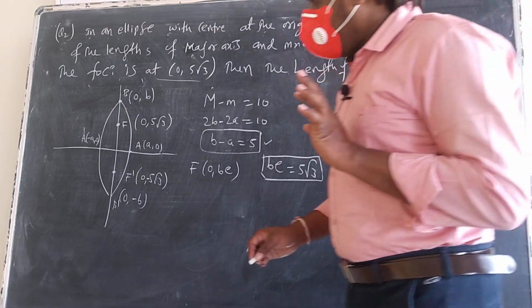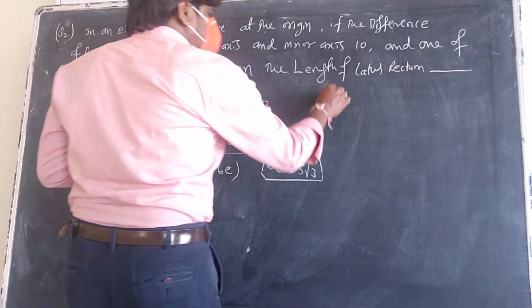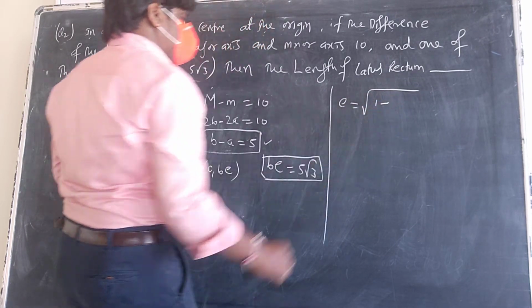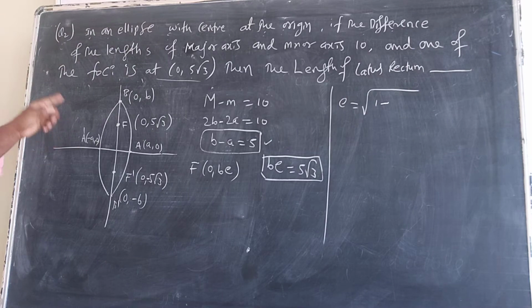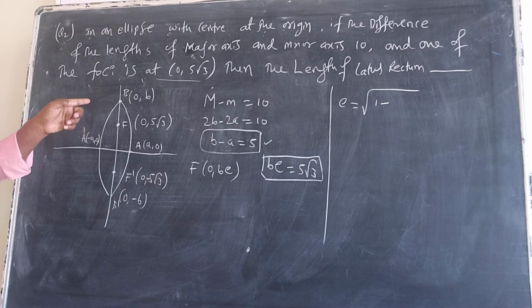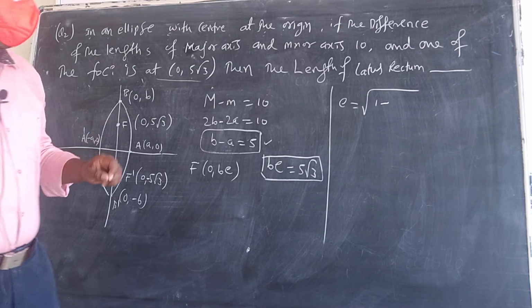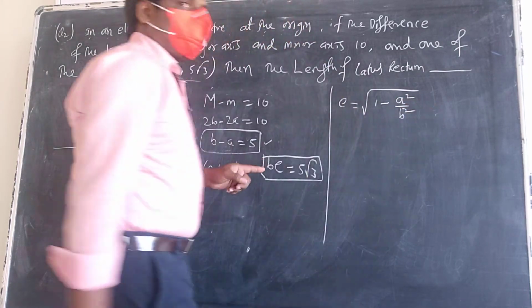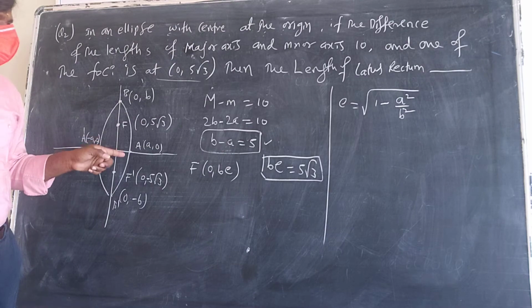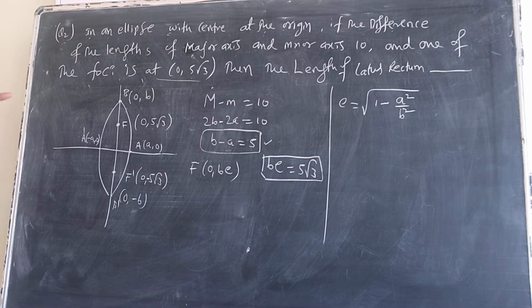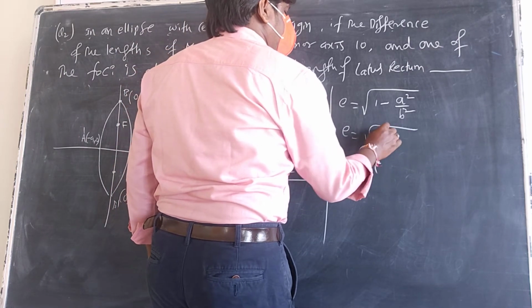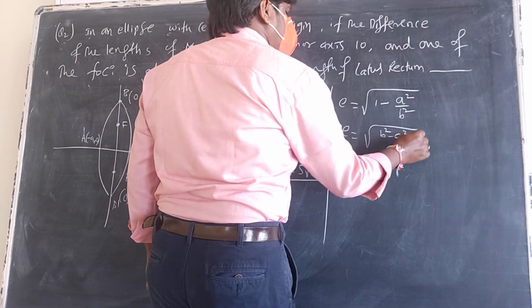You know the eccentricity formula I gave; for a vertical ellipse, as I explained in the previous lecture, e is equal to under root of 1 minus a square by b square. Taking the LCM, e is equal to under root of b square minus a square by b square.